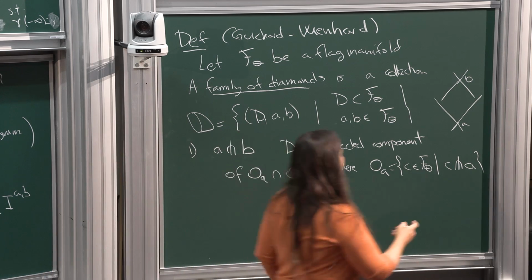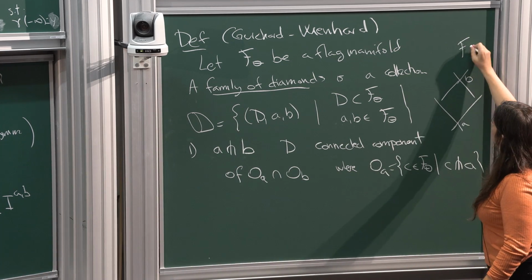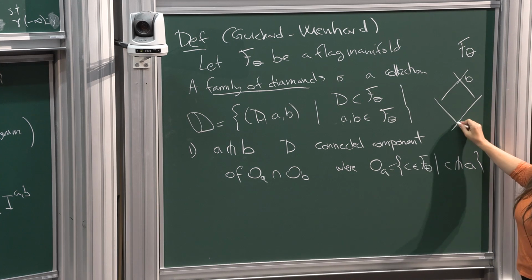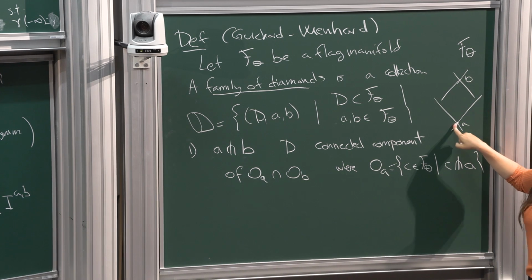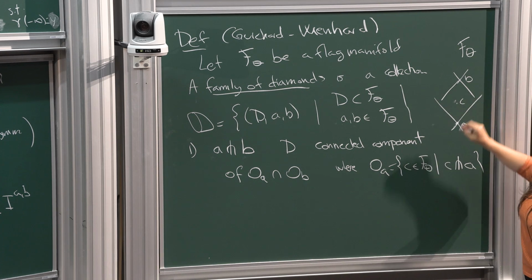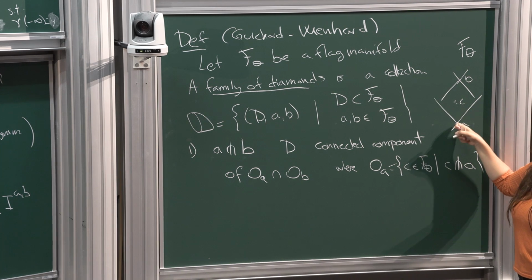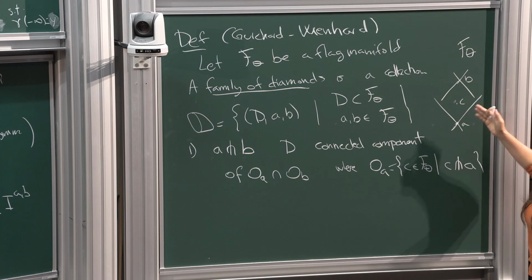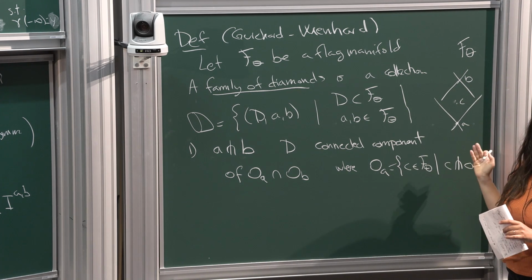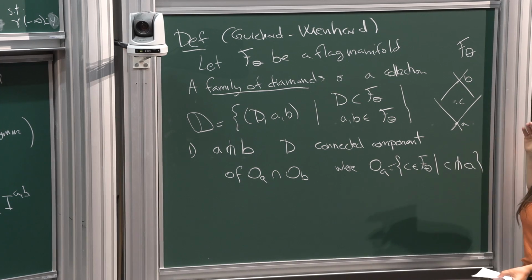So my schematic here is that this lives in my flag space F theta. I choose one point A in F theta. Typically, the other points will be transverse to A. But I will have a lower codimension locus, an algebraic subvariety of F theta, of the points that are in bad position with respect to A. I take this out.